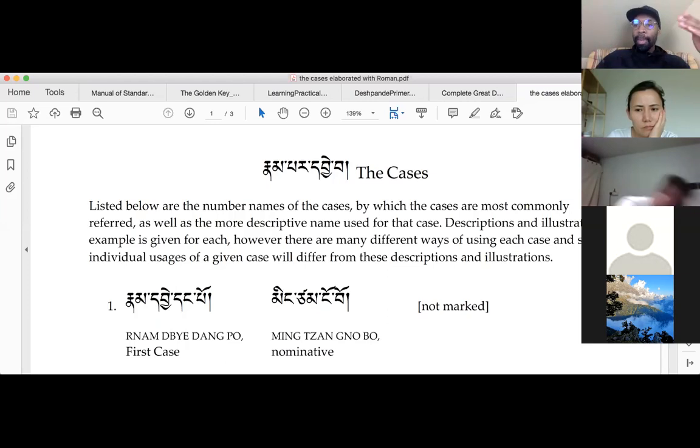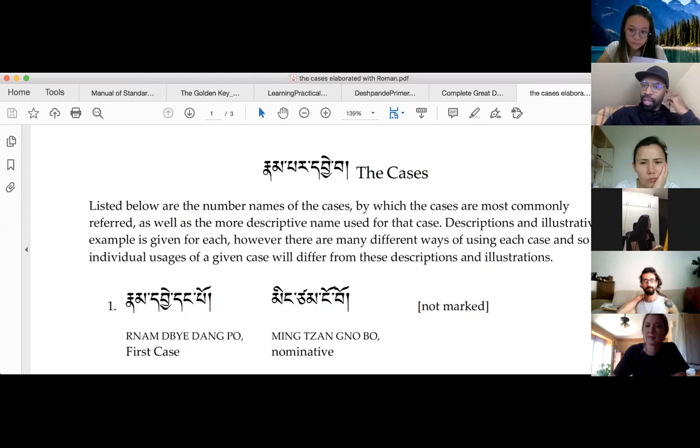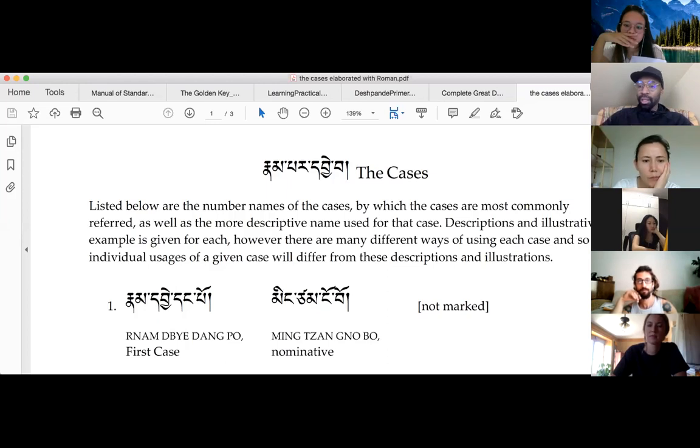Where's Word going? He's going to his house. If I said at his house, it would still show that his house was the direct object, but the action of Word in relation to the house would have changed. He's not moving towards it. He's now situated in that place, and so on and so forth.